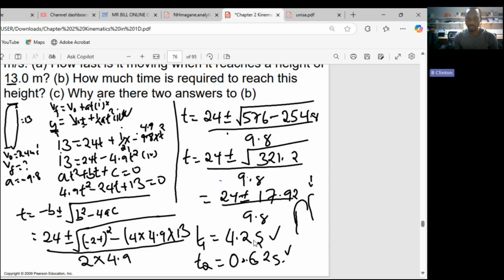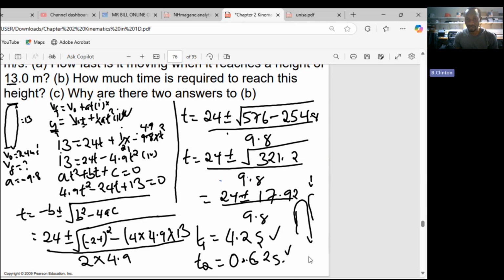But 4.2 seconds is the time when the ball is coming down. So when the ball is coming down, it is being supported by g, so g is increasing its speed.